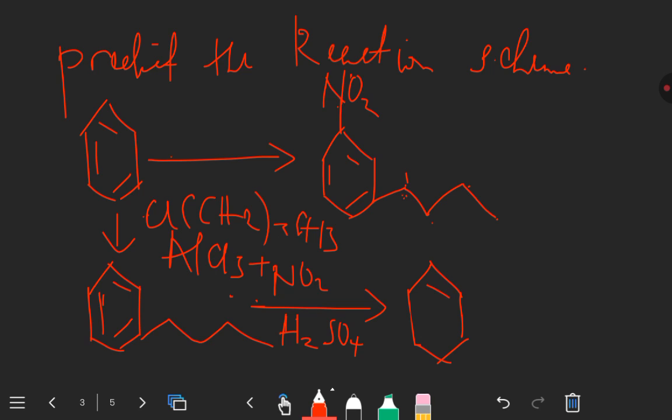So the structure going to form will be this. Okay, so on top there we have NO2. Okay, so this is the reaction mechanism which was performed in order to come up with this reaction.